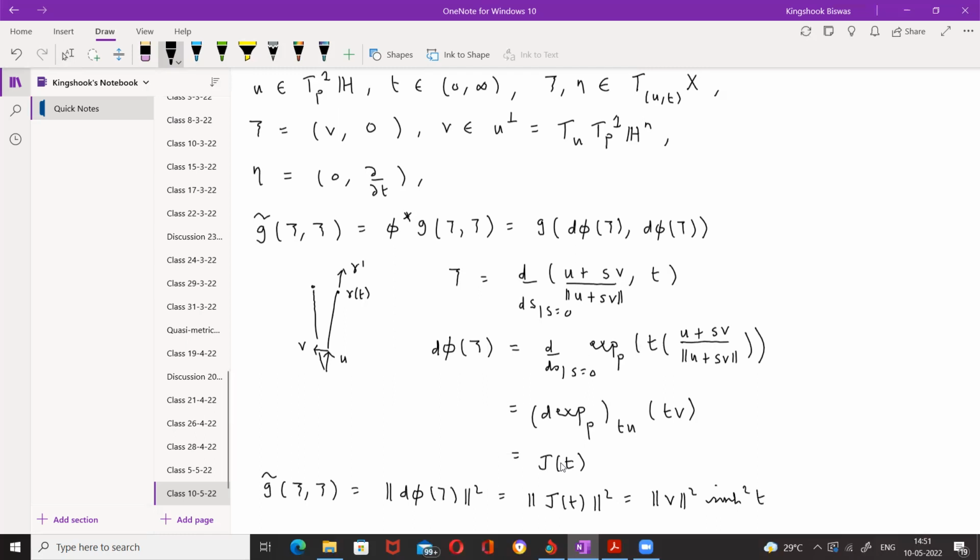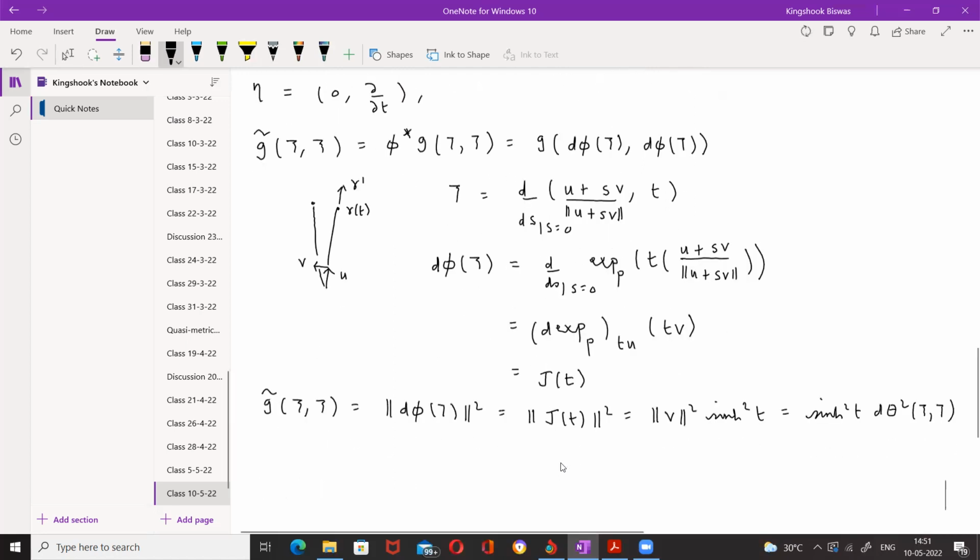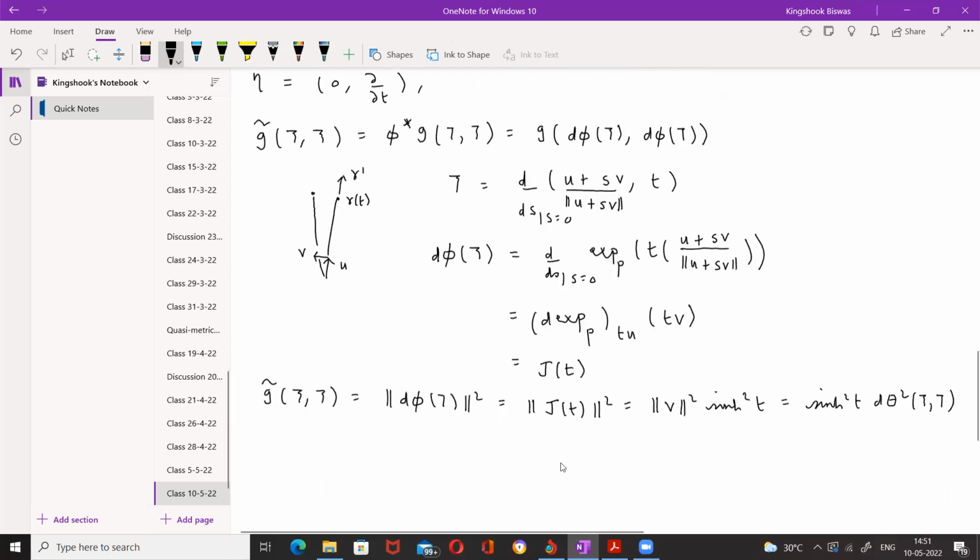So what is this norm v squared? On the other hand, this is equal to my d theta squared of xi xi. This is equal to d theta squared of xi xi.